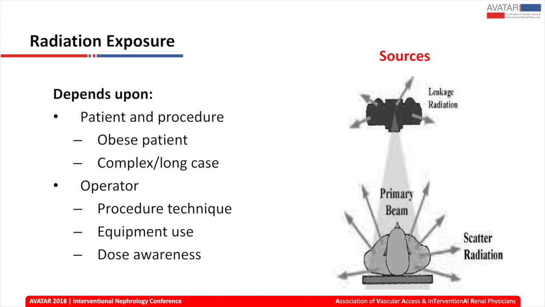How do you get radiation exposure? It depends on two things: what the patient looks like, and what the procedure is. If you have an obese patient, where you have to use a higher dose of radiation to get a good picture, that is more likely to cause radiation exposure.